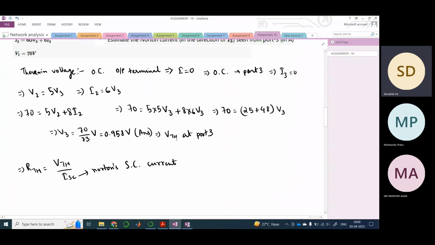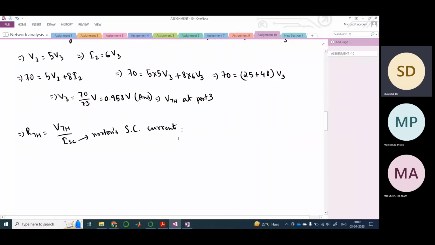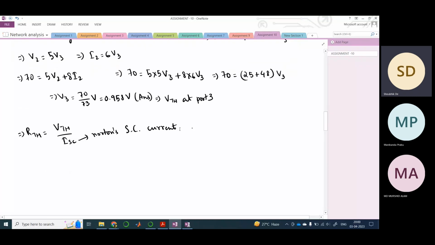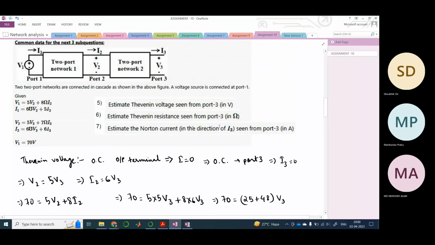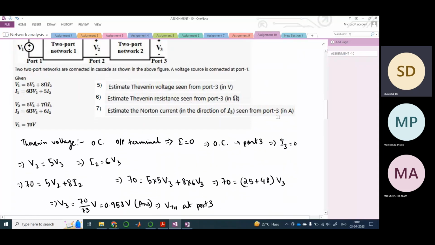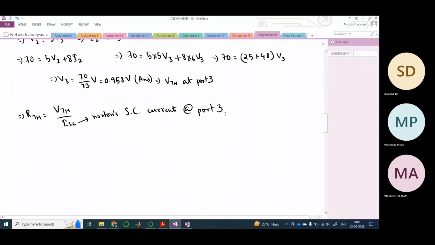This should be done at port 3, because everything is related to port 3. If we solve this, we will also get the answer to this. Estimate the Norton's current in the direction of I3, so in this direction only from port 3.